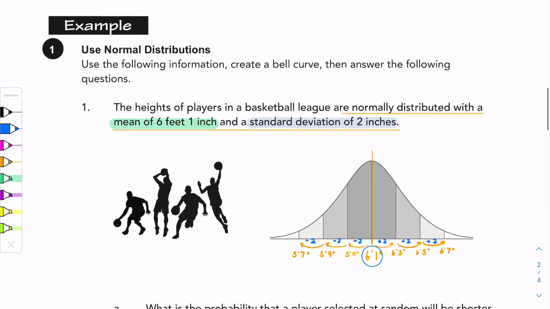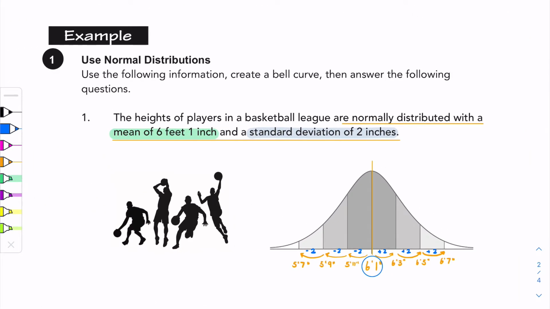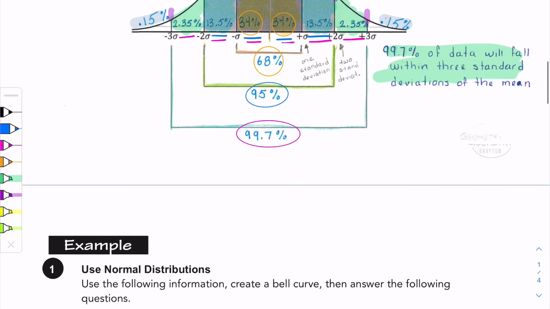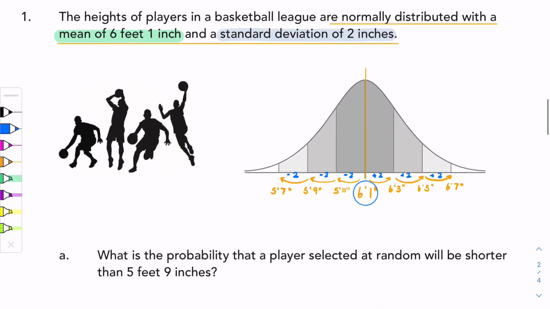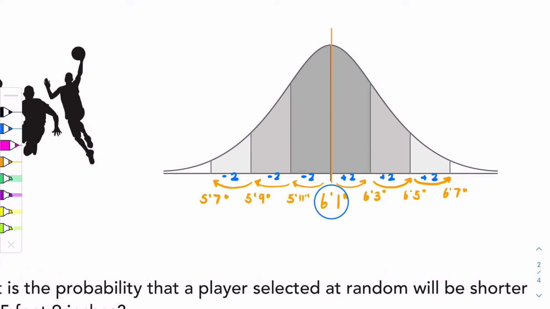So now that we filled in our information, we filled in our mean and what our standard deviation is talking about, we need to take these percentages that we just talked about. These percentages never change. They are the same for every single problem. In the first 2 columns, these represent 34% of the data on each side. So within 1 standard deviation, we're talking about 34% of the data. Within 2 standard deviations, we're talking about 13.5% of the data.